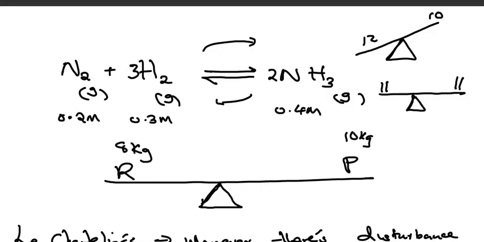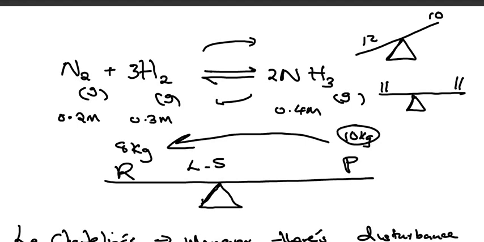We have reduced the reactant side, so we support the left shift. The reverse reaction will be happening faster because 10 is more than 8. So we take 1 from 10 and give it to 8 so that it becomes 9, and they go back to being balanced at 9 and 9. That's what we mean by having a disturbance in the system.